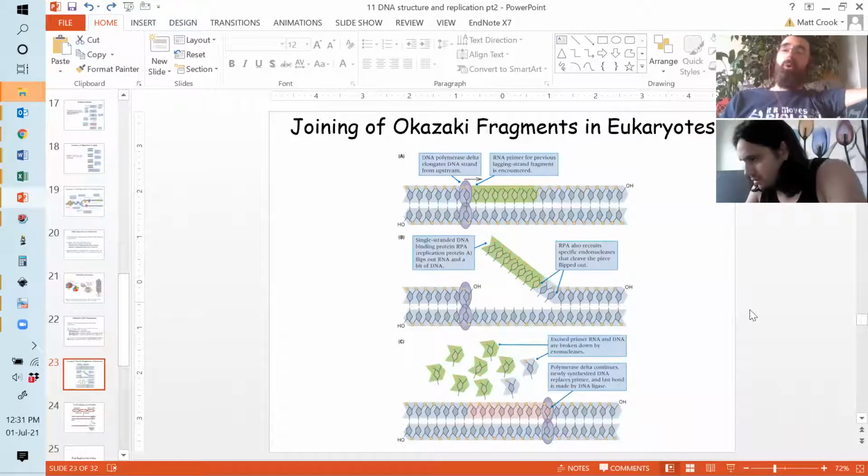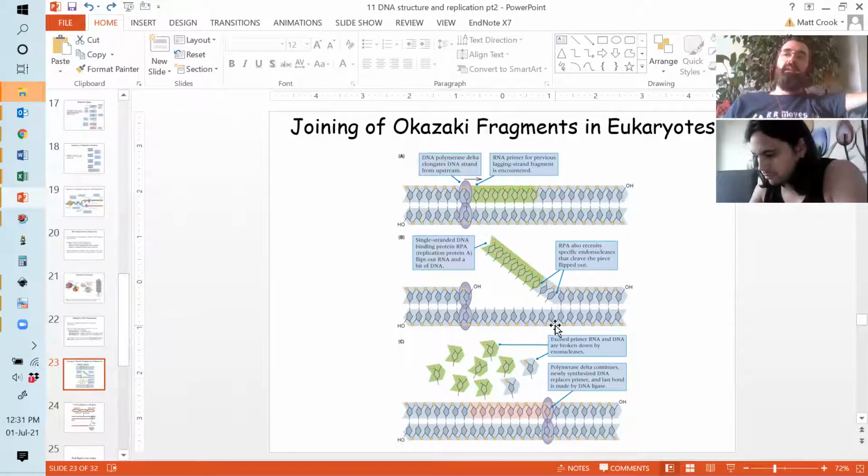Replication protein A also brings in endonucleases. Essentially what it does is it cuts off that primer. So it doesn't degrade it base by base like DNA polymerase 1 does in prokaryotes. What it does is it kicks out the primer and then it cuts off a chunk, including a bit of DNA too, right? Not a lot, but a chunk of it.